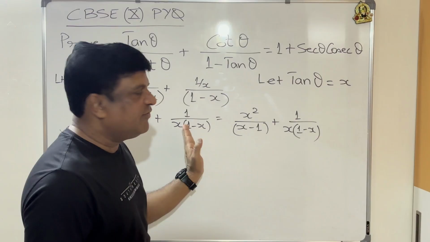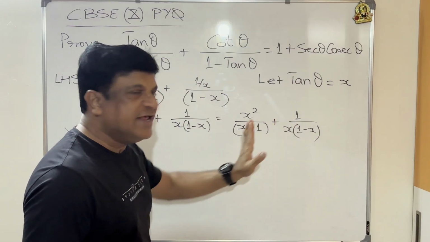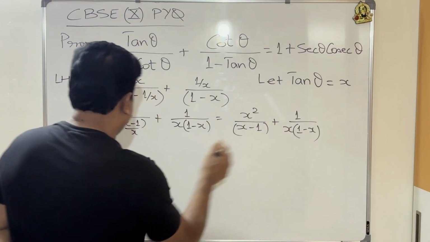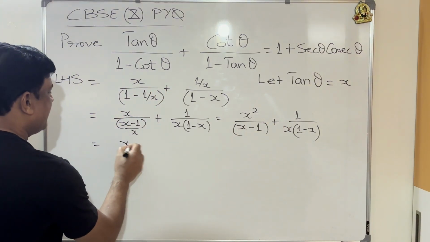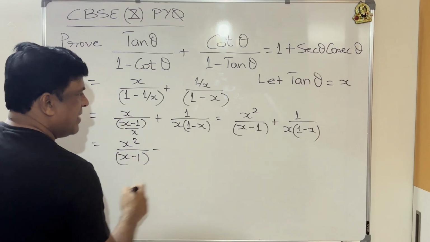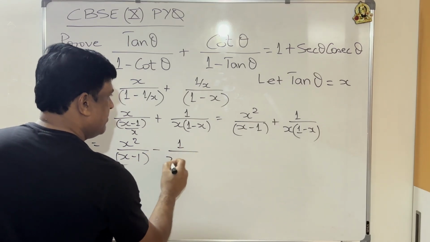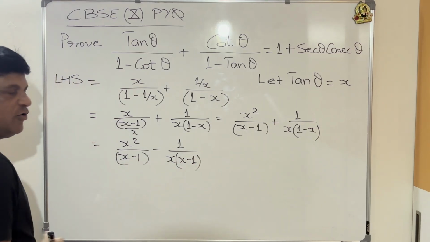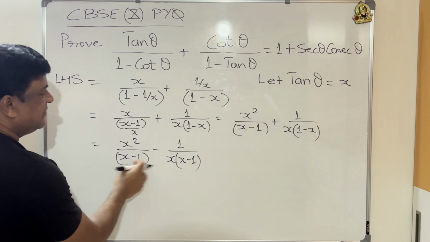So I just reverse this one and take a minus sign outside. So x square by x minus 1, I'll make a minus over here, and this will become x times x minus 1. Done? Simplified.